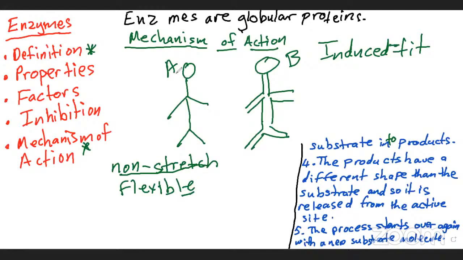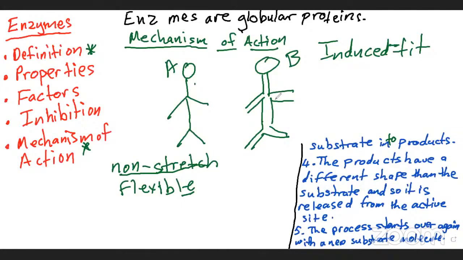So basically, if you buy the clothes for person A, because the material can stretch, it will stretch to fit the shape of person B. Person A and B are of different size, but the clothes are going to change shape to fit whether it's person A or B. If it's person A, it will not stretch as much.